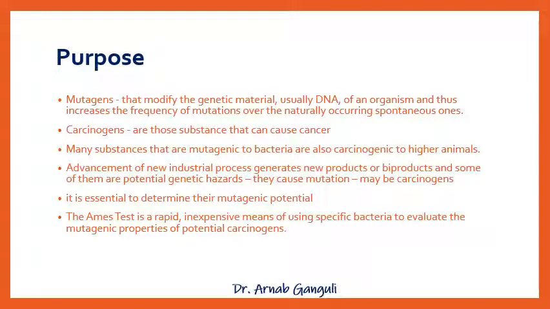Now, mammalian cell structure and human enzymatic pathways always differ from those in prokaryotic bacteria. But the basic chemical nature of DNA is common to all organisms. So this permits us to use a bacterial test system for the rapid detection of possible mutagens and therefore possible carcinogens.